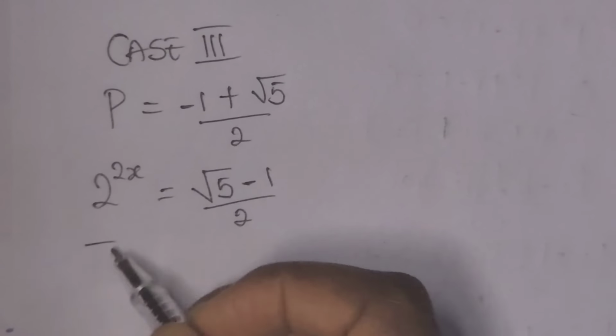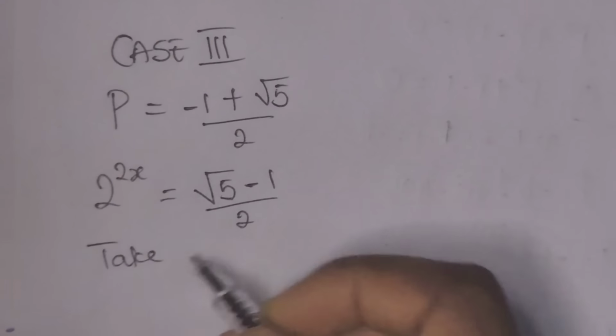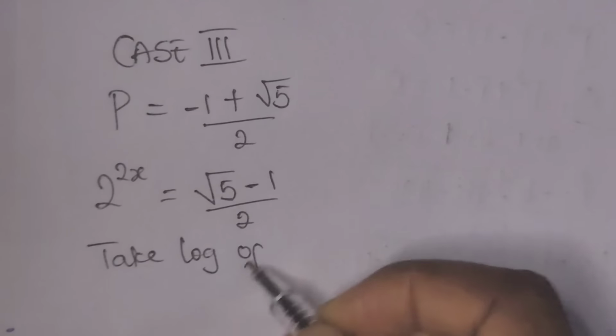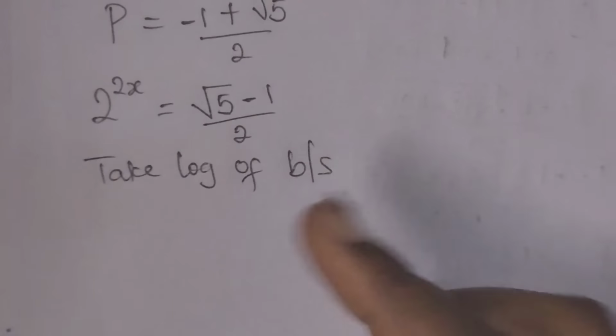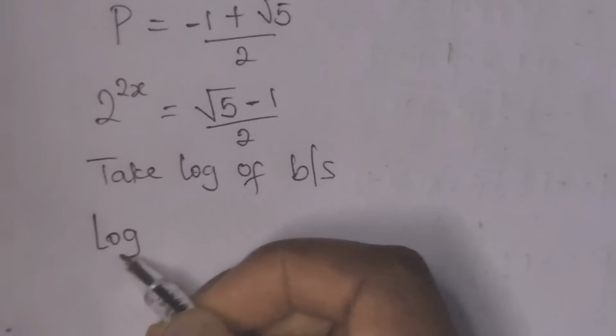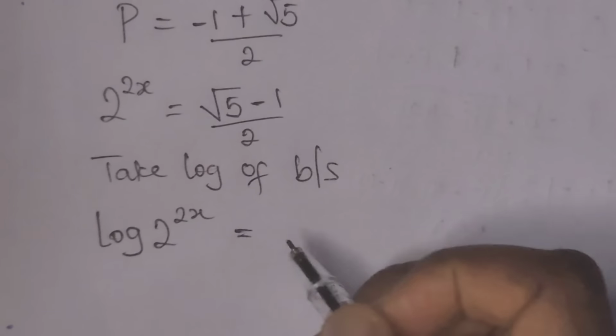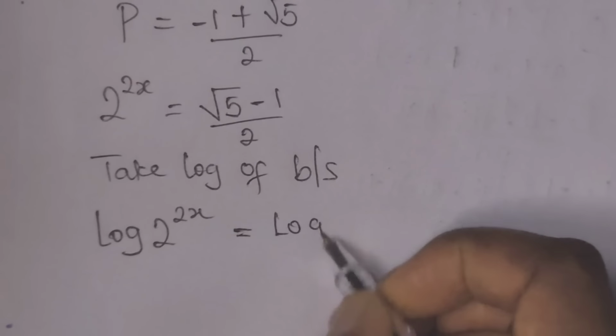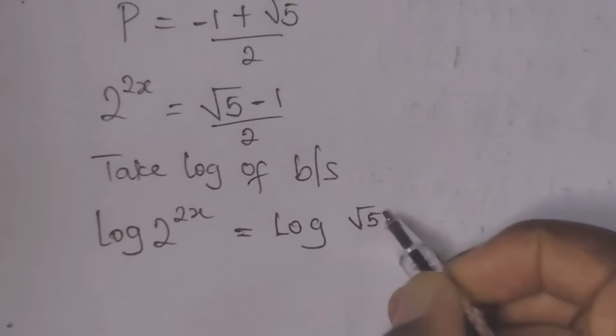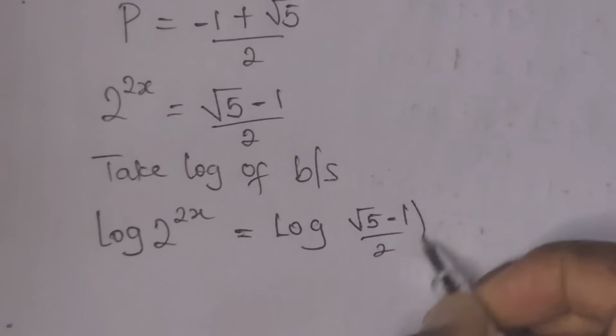So let's take the log of both sides. We have log of 2 to the power of 2x, equal to the log of root 5 minus 1 over 2.